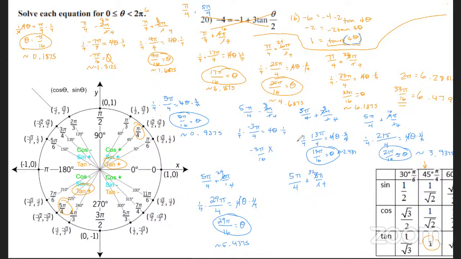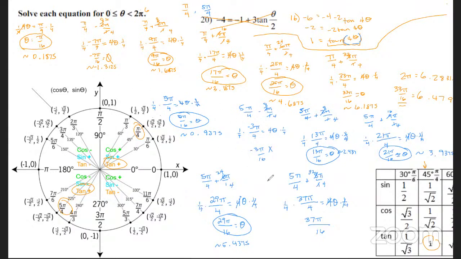Okay, 5 plus 32 is going to be 37 pi over a common denominator of 4, set it equal to our 4 theta from up above, and solve for theta. It's going to end up 37 pi over 4 times 4 is 16. So 37 times 3 is 111 divided by 16.